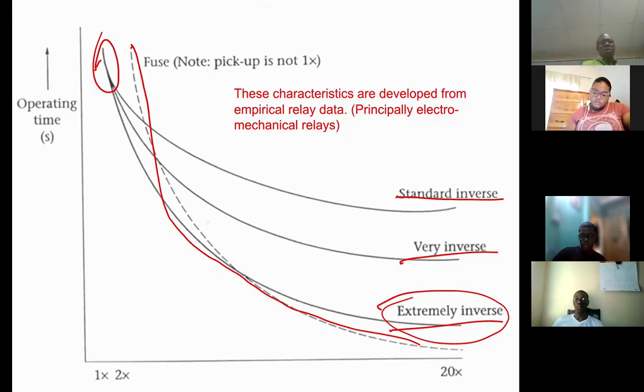And for your inverse relays, the characteristics we just mentioned are very inverse, standard inverse, and extremely inverse. Any questions so far? Any comments? Anything you want me to clarify before I go any further? No? All right.